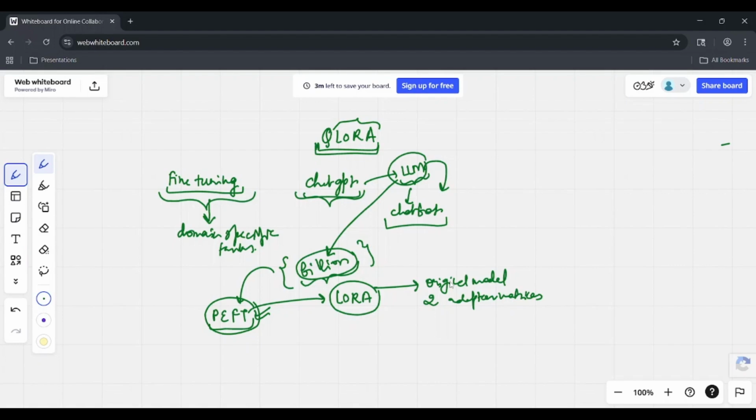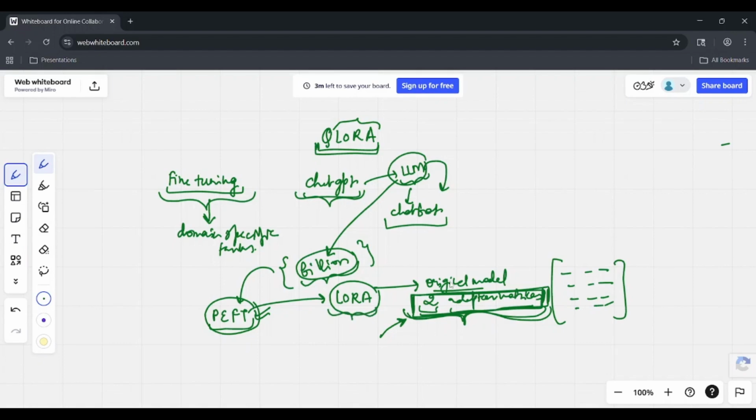Whatever data you have for fine tuning that is related to your own domain, you perform backpropagation, and the training happens only for these matrices. Whatever numbers you have in these matrices, only those parameters or weights are updated. This is what LoRA is.